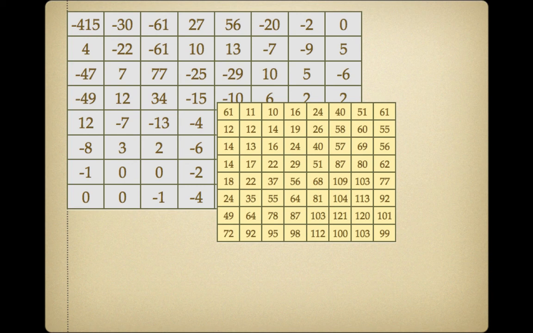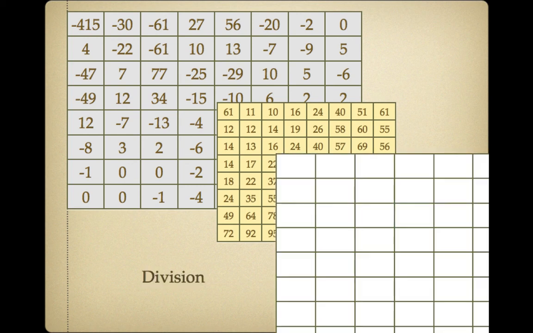You could do a little of that or a lot of that. So here, for example, that minus 415 is going to be divided by 61 to give minus 26. This minus 30 will be divided by 11 to give minus 3. This minus 61 will be divided by 10 to give minus 6. This 27 here will be divided by 16 to give 2.